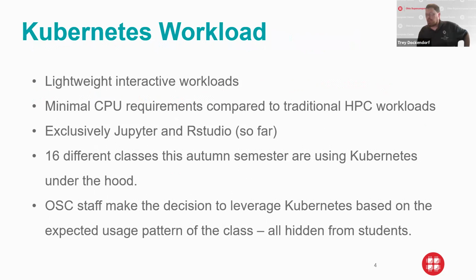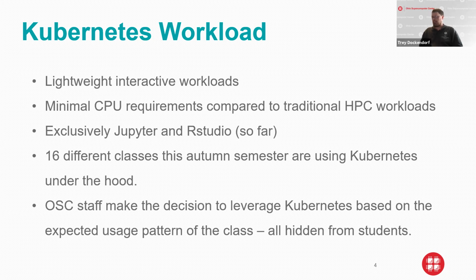All right, so our Kubernetes workload right now is mostly focused on lightweight interactive workloads. This is traditionally 1 or 2, I think up to 4 cores per student. It is exclusively Jupyter and RStudio so far. We currently have 16 classes this semester that are using Kubernetes under the hood, in addition to the classes using Slurm.